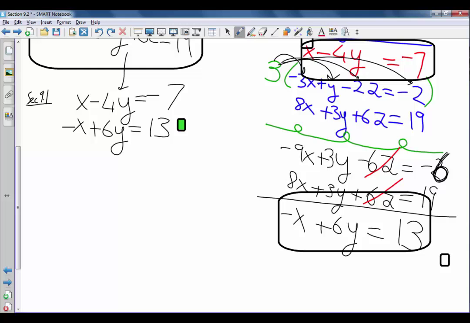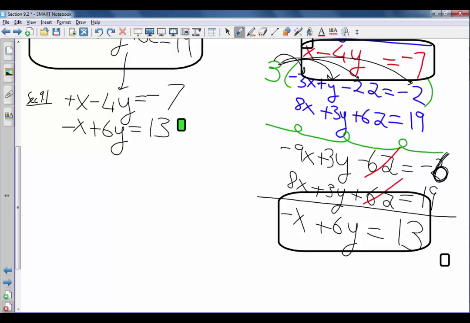Because one of the variables screams do addition. Which variable screams do addition? Yeah, look at this. Positive 1x, negative 1x. They have opposite signs. Same number in front, but opposite signs. So when you add them, they will just disappear, right?